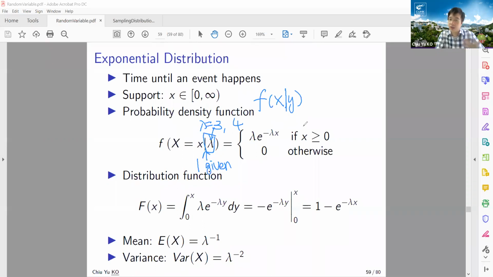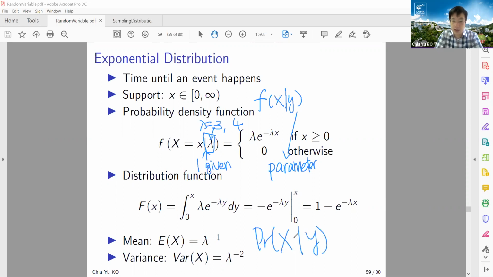It's a constant. It's not exogenous, you can say. Somewhat given. It's called a parameter, where we have this given. Same as what we learned, the probability of x given y, the conditional probability.